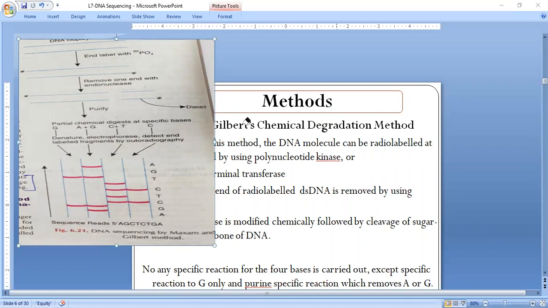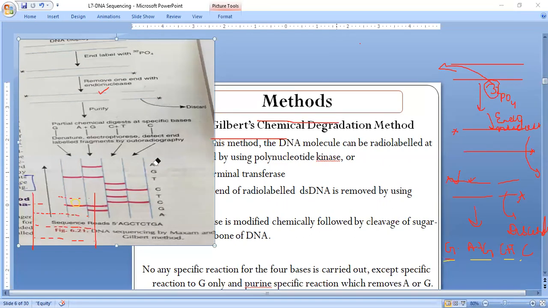See here, the sequence is like this: this is adenine. From lower to upper, we have to read the sequence.